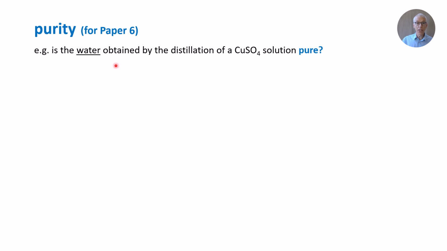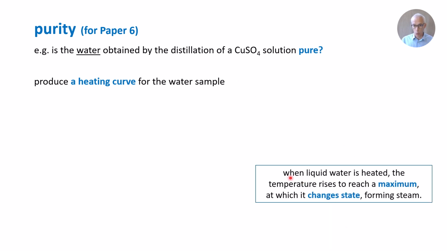So if we've obtained some water from the distillation of copper sulfate solution, how could we confirm that it was pure? We could produce a heating curve for the water sample, and this is an item in paper 6 examination. When a liquid such as water is heated, the temperature rises to reach a maximum at which the liquid changes state to a gas.